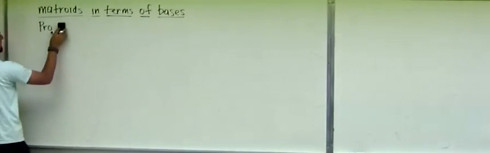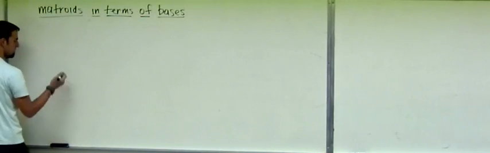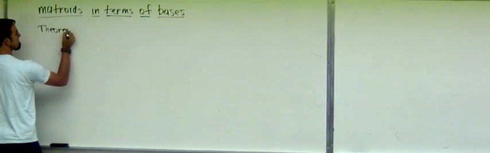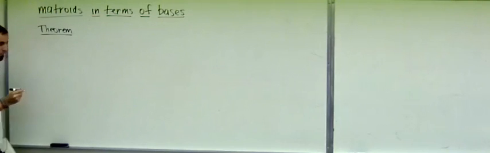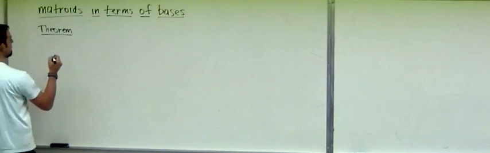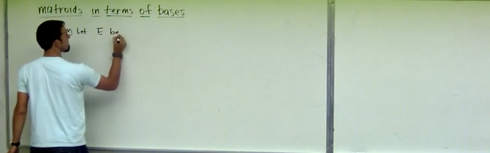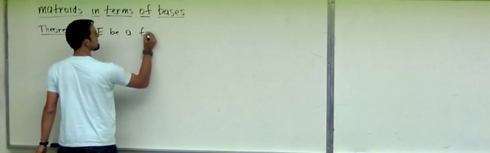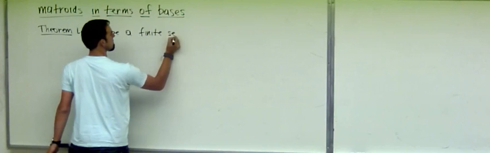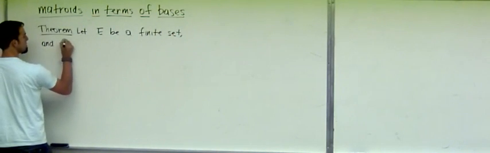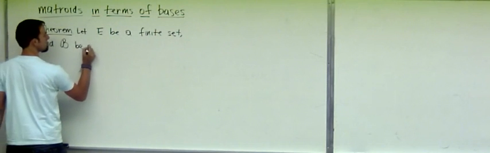And I'm going to spend the whole hour stating and proving a theorem, which says this: let E be a finite set and B be a collection of subsets.